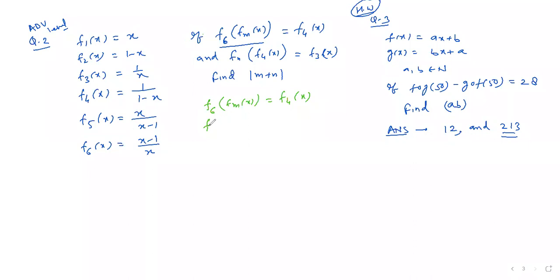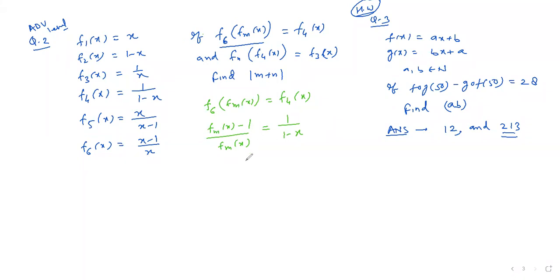f6 of fmx is what, guys? Sir, fmx minus 1 upon fmx. So f6 of fmx is fmx minus 1 divided by fmx, which is equal to f4x, that is 1 upon 1 minus x. Can you find fmx, guys?